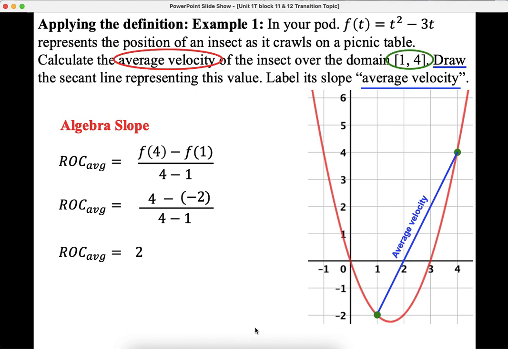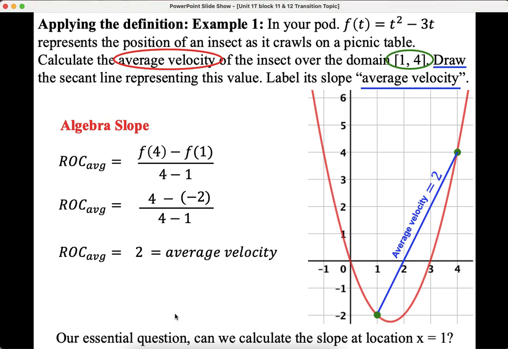And so that's the idea of calculating slope of a line that just goes through one point. And that involves limits. So to answer the question now, that's the bug's average velocity, because we know velocity is a rate.